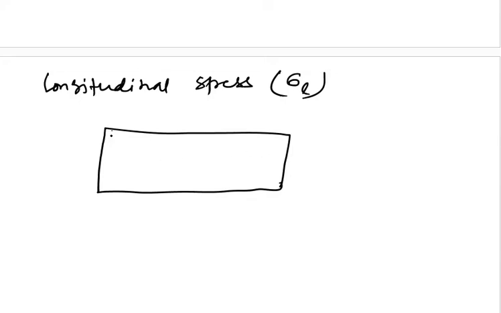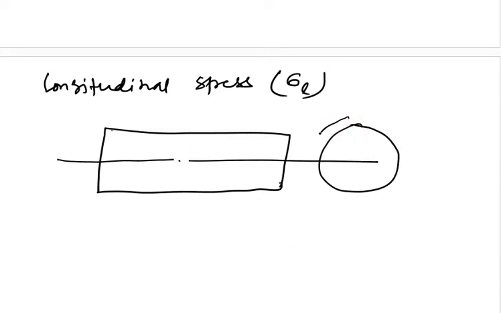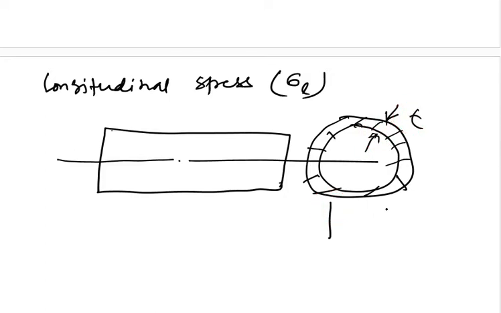So we will have one circle over here, correct? This is the thickness of the cylinder, T. This is the internal diameter of the cylinder, D, correct?